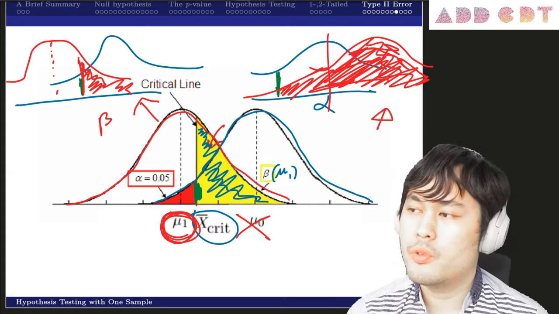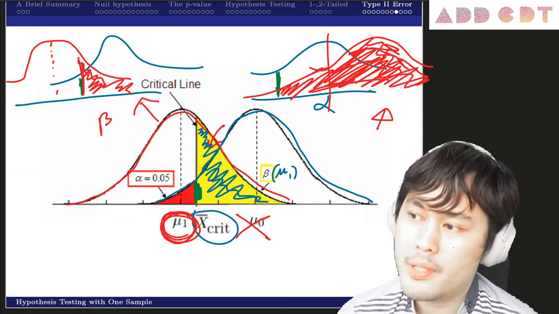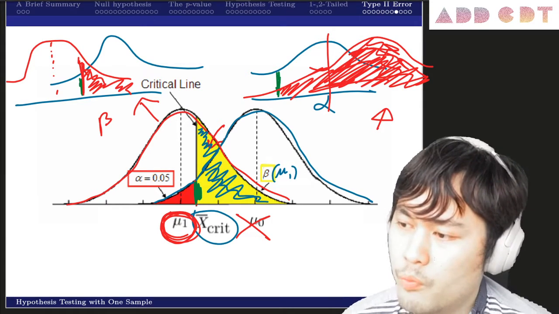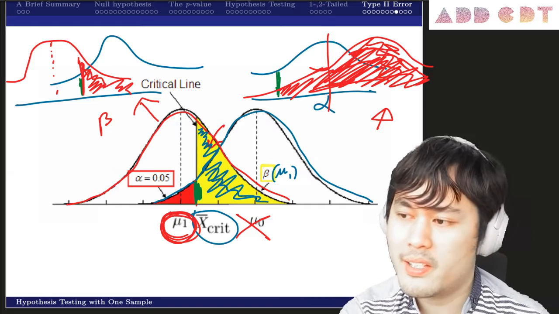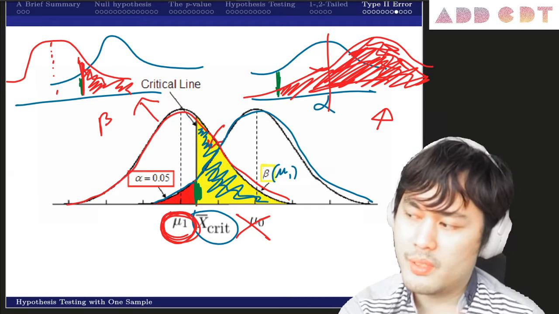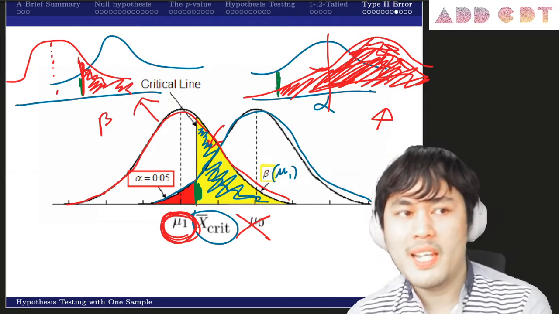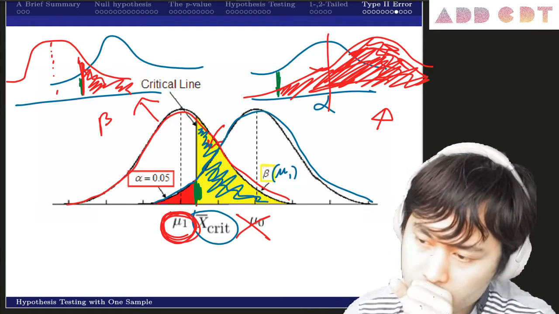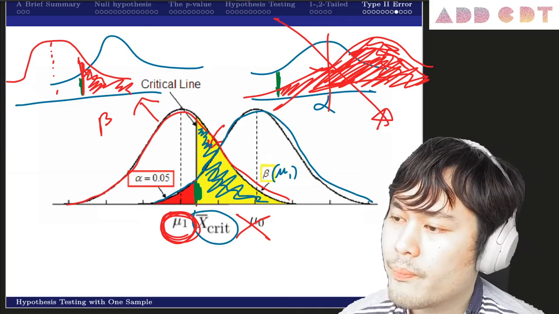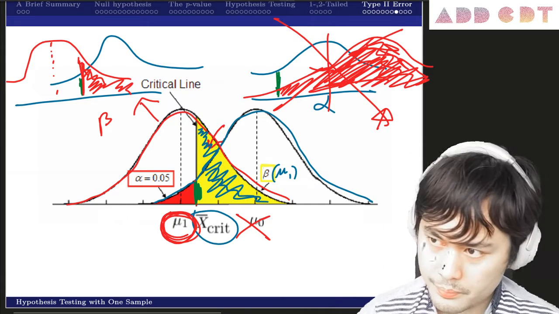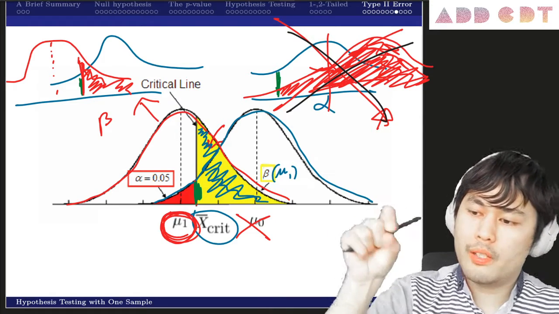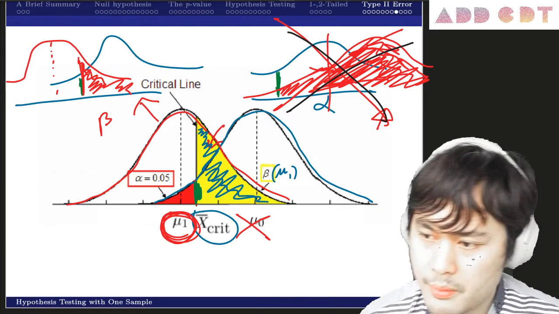So we should be able to accept that without having to worry about it being false. We are not correct, yes, we might be less correct, but we are still correct nonetheless. So if mu1 is greater than mu0, then we don't care about that.